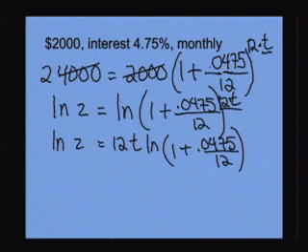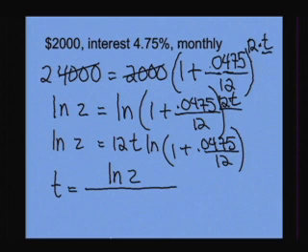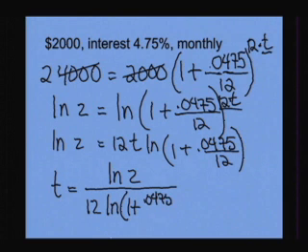And then to solve for t, all we need to do is divide both sides by 12 log of 1 plus 0.0475 divided by 12. So in other words, t is going to be equal to the natural log of 2 divided by 12 times the natural log of 1 plus 0.0475 divided by 12.